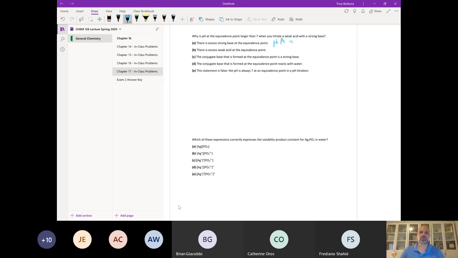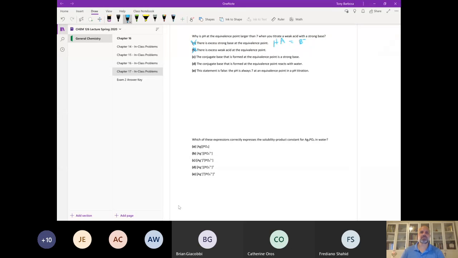I'm just going to list the base as RB minus maybe. So that's not true there. So A is not correct. There's excess weak acid at the equivalence point, so the same thing here, right? Because the acid is equal to our base at the equivalence point, both of these are false.